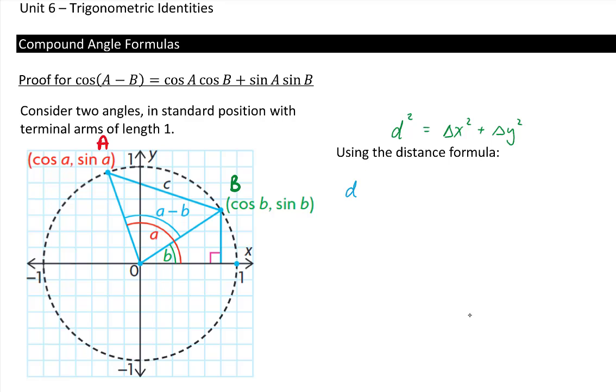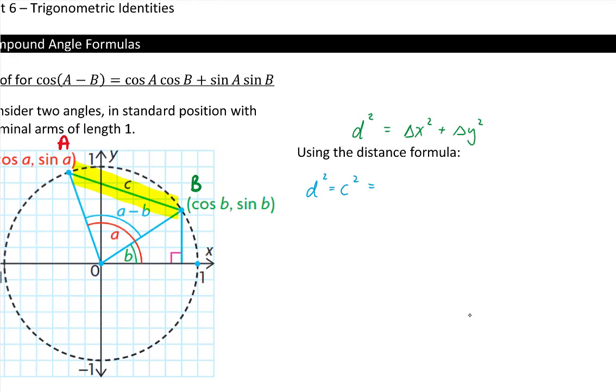Distance squared, or in this case the c value squared, because we called this line c in our diagram, is equal to the change in the x's, cosine A and cosine B, all squared, plus the change in the y's, sine A and sine B, all squared.